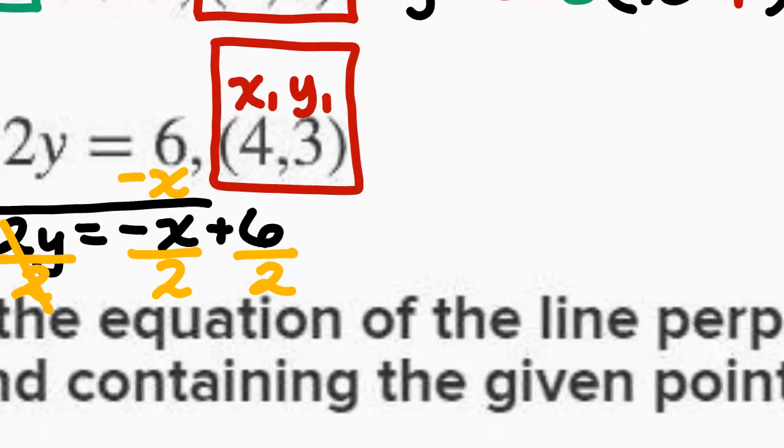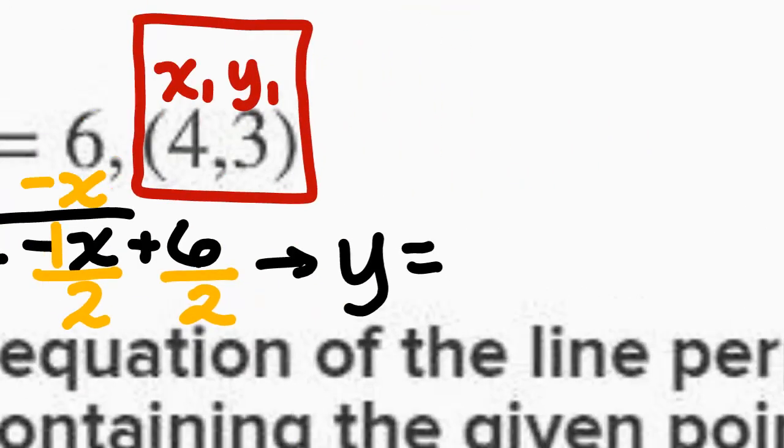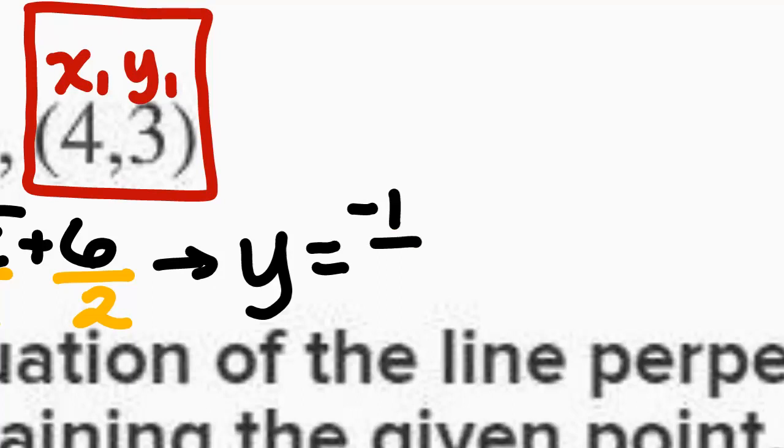All right, so that would give me y equals, so now it's going to be slope-intercept form. I have negative x divided by 2. That's negative how many x's? It's a negative what? When you just have that negative sign, is it -7, -5, -1? So that's a -1x over 2, which is -1/2 x.